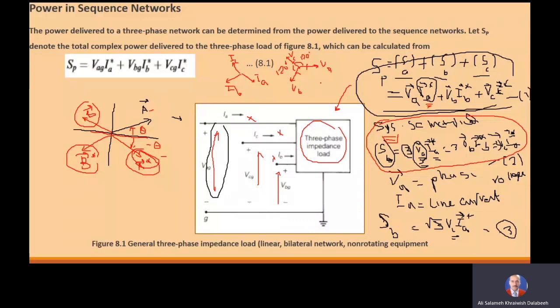And for this system, if we need to calculate the apparent power, we use this formula. In the symmetrical system, we need the voltage of phase A and the current of line A. Then we can easily calculate the apparent power using equation number 2.